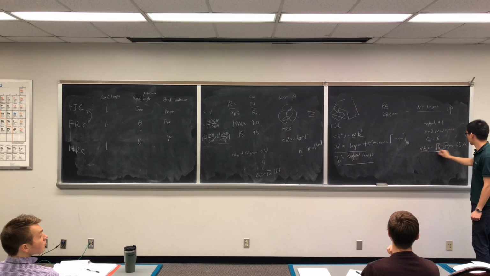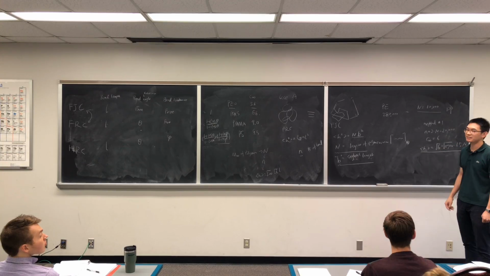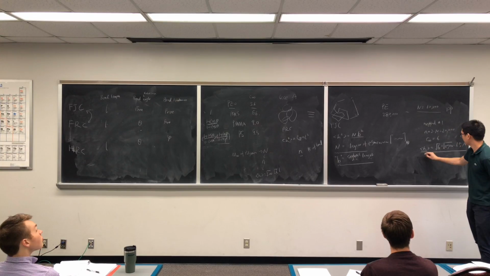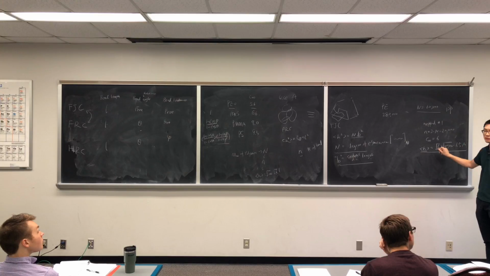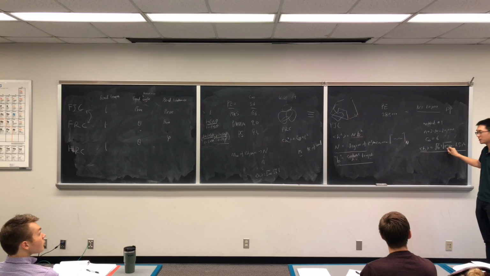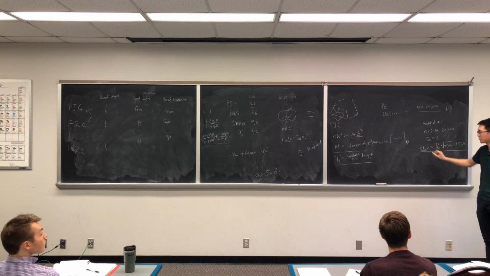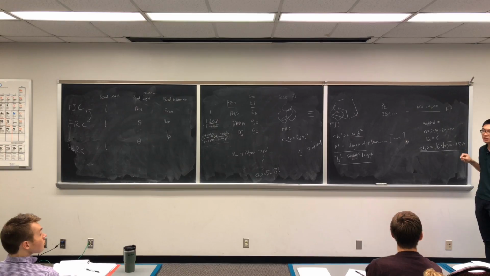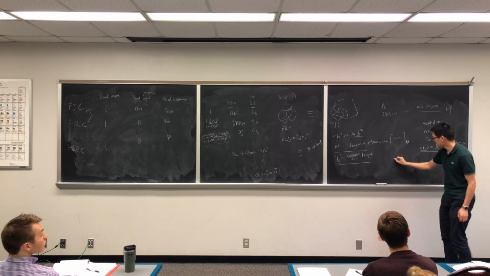And this is what we talked about in the first part of the lecture. H equals root of C infinity, the characteristic ratio, times root of n, multiplied by L, right? That way you can know the end-to-end distance. We call that method 1. And there is a method 2.